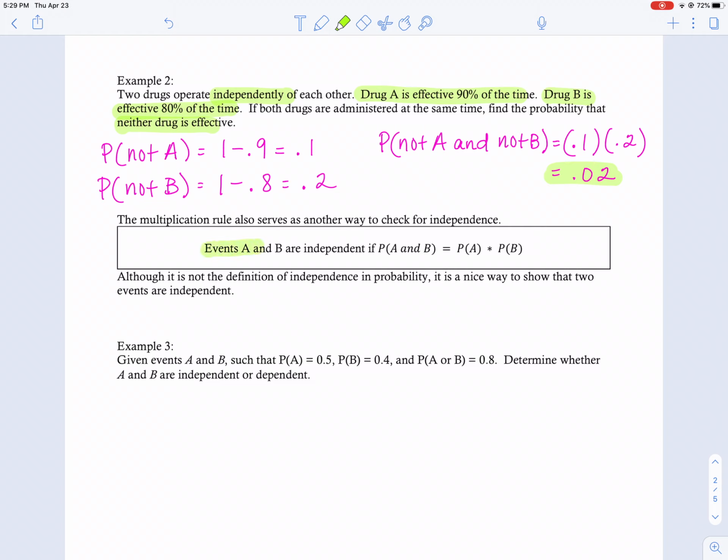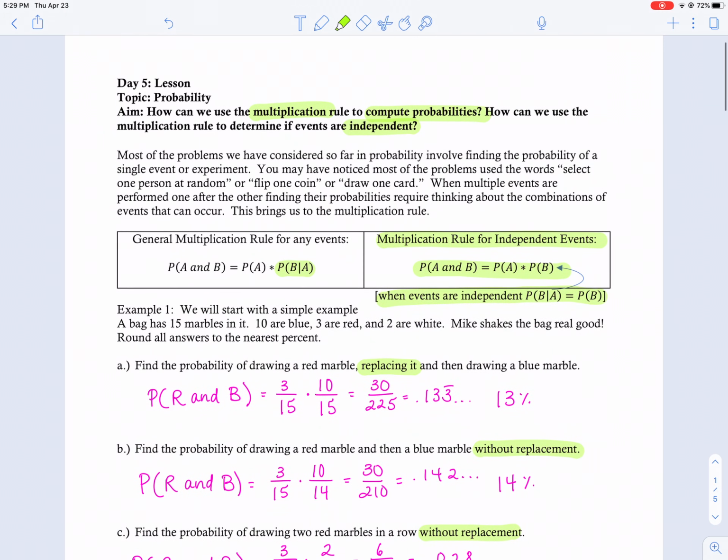Events A and B are independent if the probability of A and B is equal to the probability of A times the probability of B. So it's definitely not the definition. Like, do you remember yesterday we talked about the probability and the definition, which you see back over here?